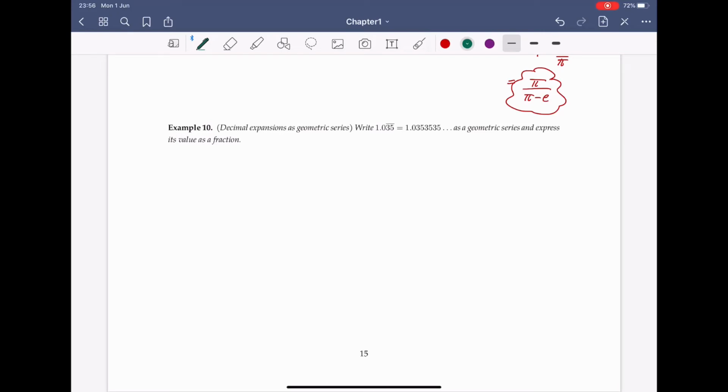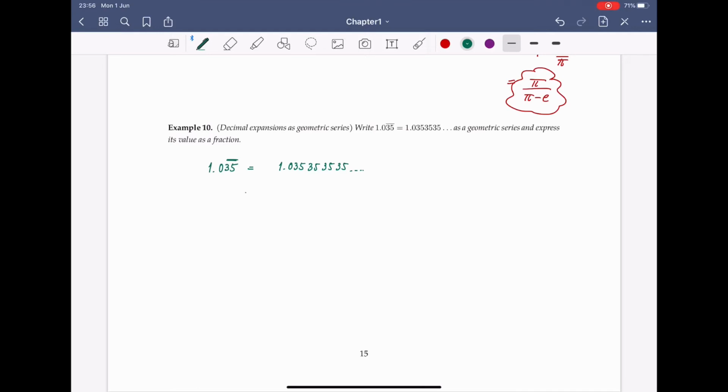Alright, so we have 1.03535 repeating. So this thing is actually 1.035, 35, 35, 35, and so on. So you can see this is a repeating decimal. So we're going to use the idea of geometric series to convert it to a fraction.